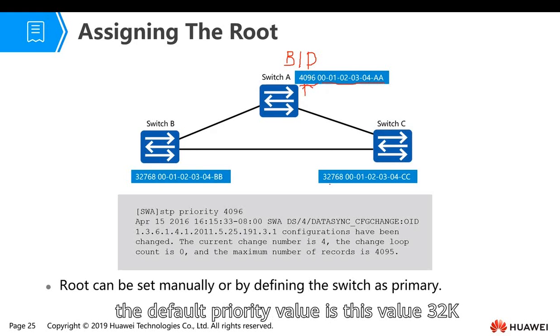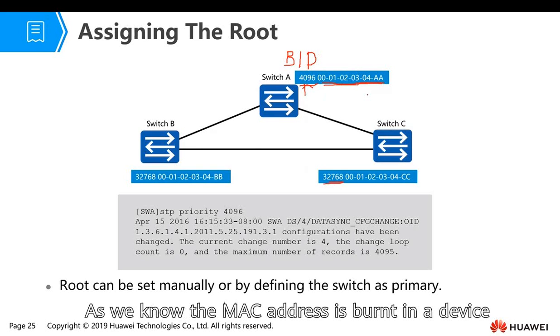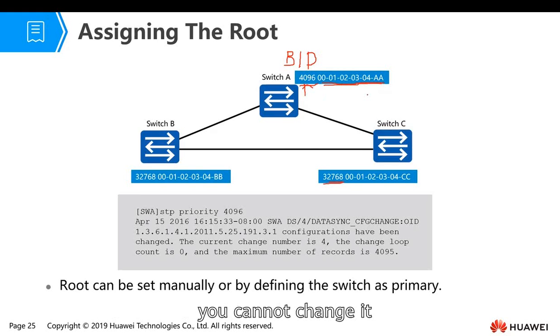The default priority value is 32 kilo, 32 kilo. And the other value is the MAC address. As we know, the MAC address is bound to the device. You cannot change it. So if you do not do anything, the priority value is the same, and then the MAC address, maybe it's random.